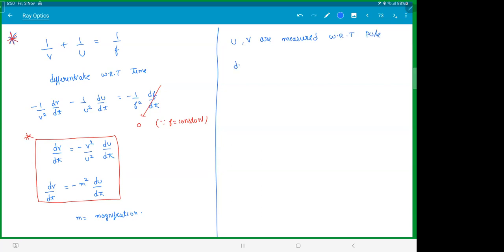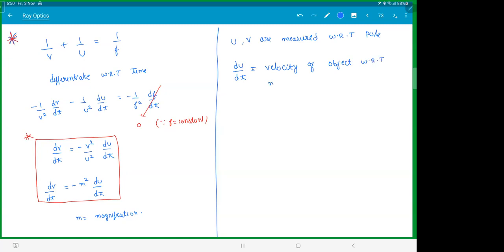That means when you do du by dt, this is the rate of change of distance with respect to the pole. That means this is the velocity of the image with respect to the mirror. This is relative velocity. This is not in the ground frame. Velocity of object with respect to the mirror.